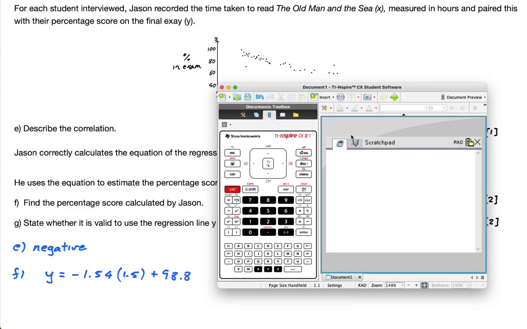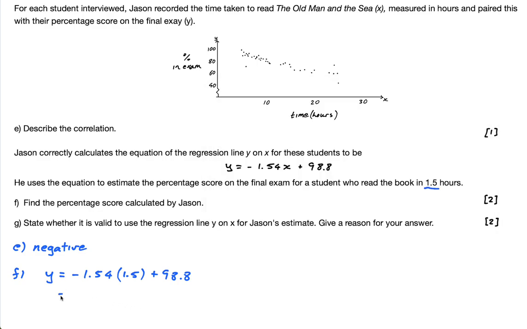Okay, let me just use my calculator. Negative 1.54, no, I don't want that. I want negative 1.54 times 1.5 plus 98.8, equals 96.49.